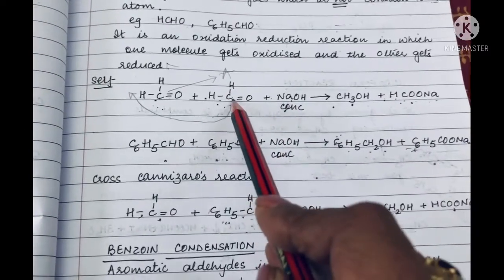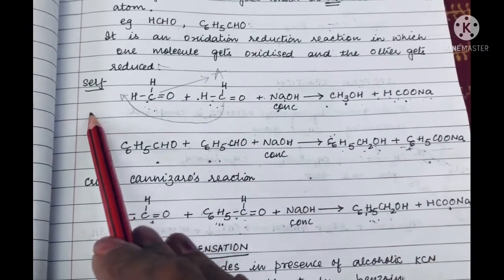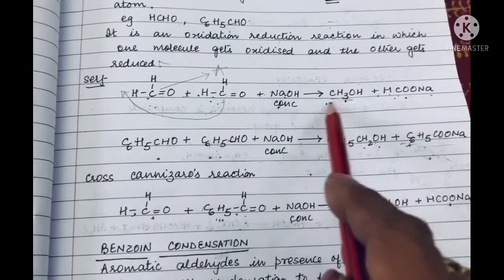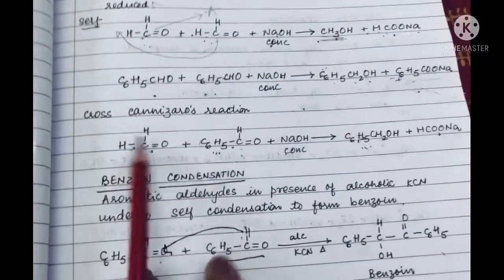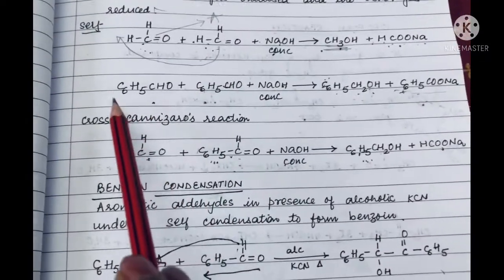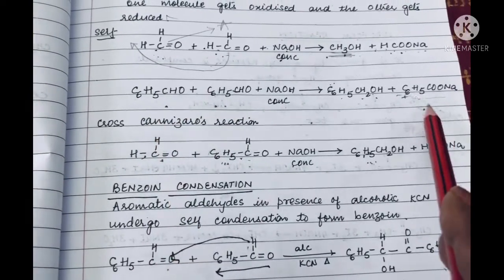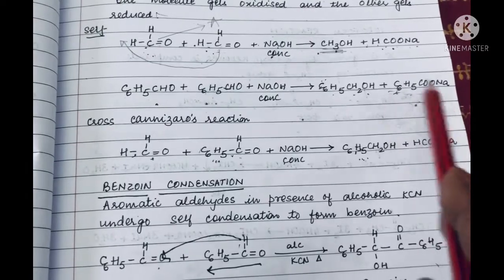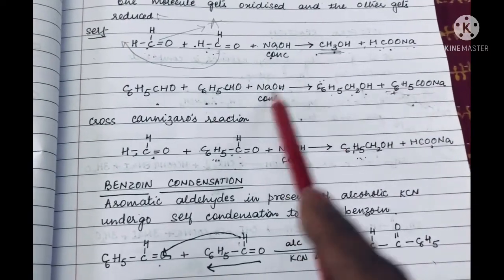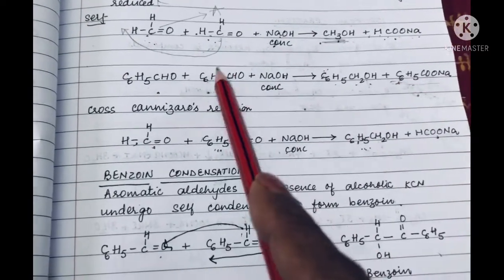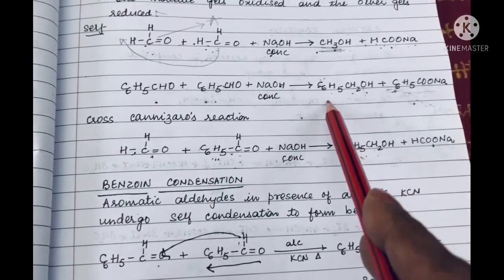And this is one carbon atom. So one carbon atom on reduction changed into an alcohol, which is methanol. If I had taken the other molecule, C6H5CHO, then one molecule gets oxidized, C6H5COONa, benzoic acid, and with sodium becomes sodium benzoate. And on reduction, it changes into an alcohol.